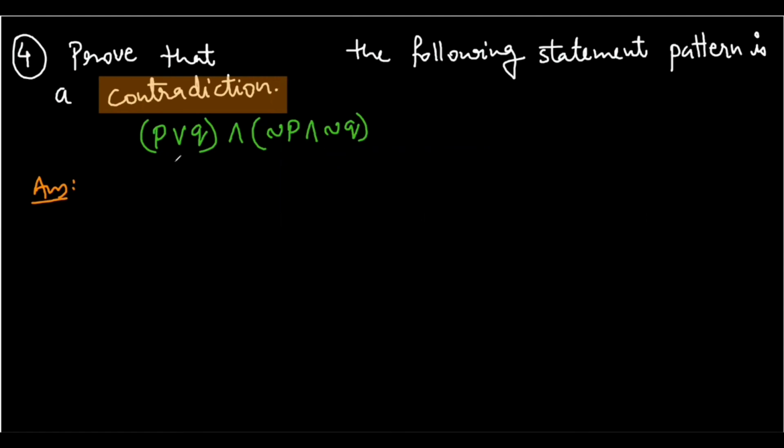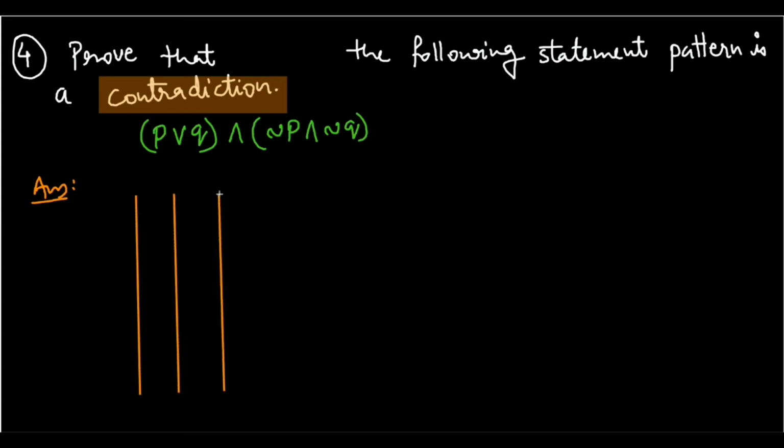How many component statements do we have? We have 2 component statements, P and Q. So we will have 4 rows here, I'm sorry, 4 rows, and above these 4 rows we will have the header.